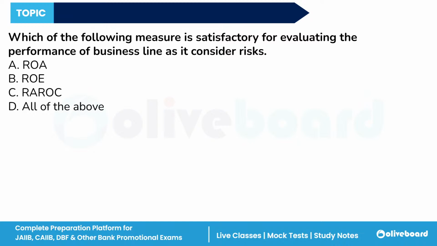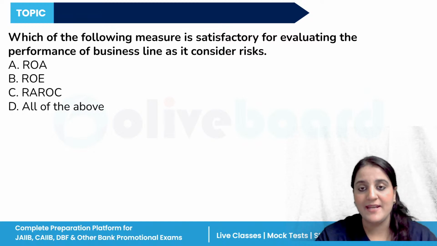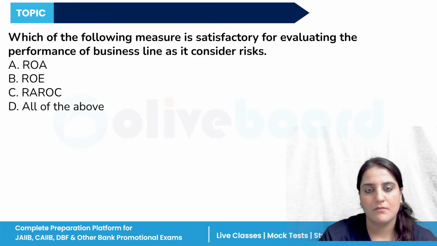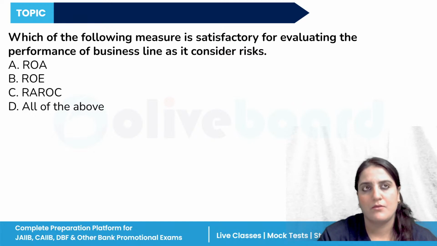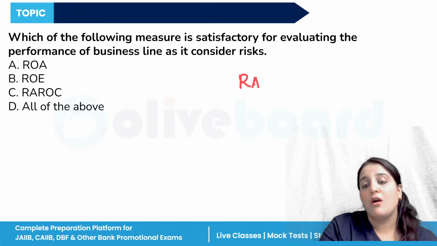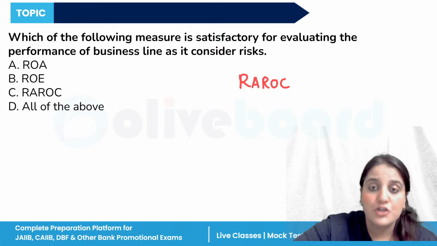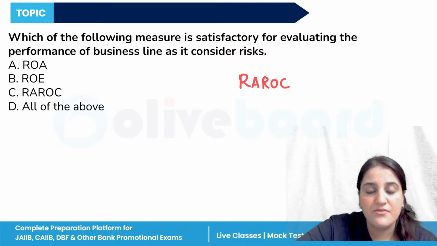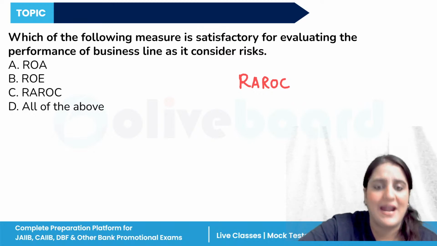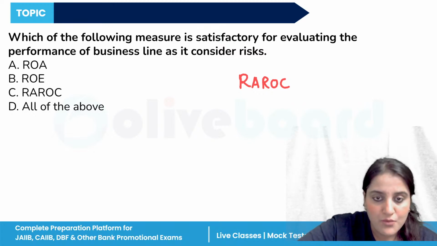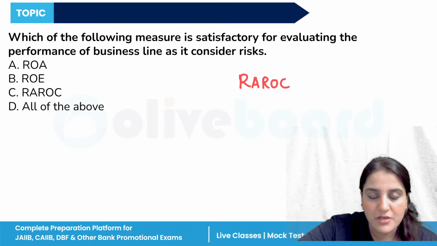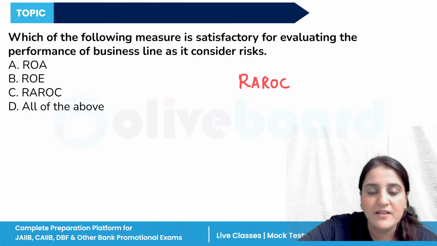Now, which of the following measures is satisfactory for evaluating the performance of a business line as it considers risk? See, if we talk about RAROC, risk adjusted return on capital, it is related to concepts such as shareholder value analysis and economic value added. It takes into account the revenue, cost and risk on a transaction or portfolio basis over a defined time period.